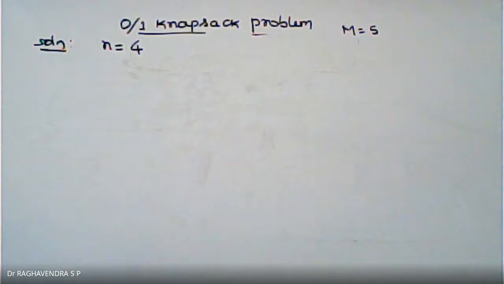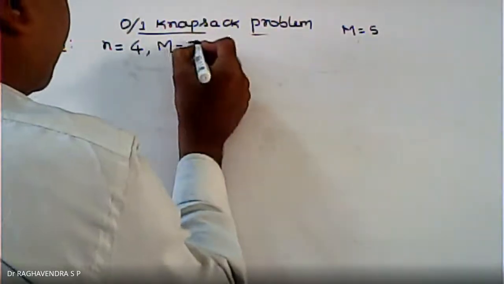What is the variable for the capacity of the knapsack? M. I am asking about the total capacity. Capital M is equals to 5.